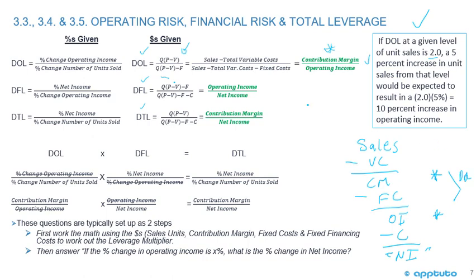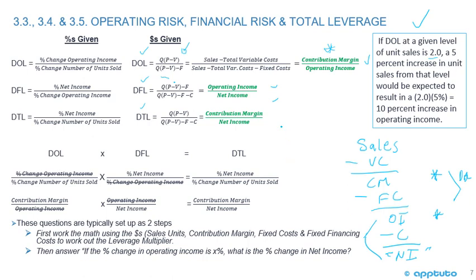Then if we move here to the degree of financial leverage, you can see the numerator is the operating income and the denominator is the net income. So it's operating income over net income. So now for the degree of financial leverage, we're looking at operating income in our numerator, net income in our denominator, okay?